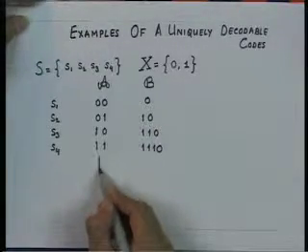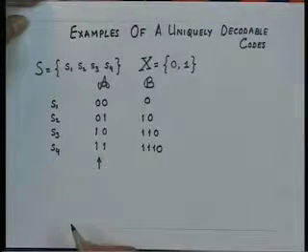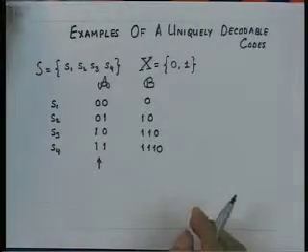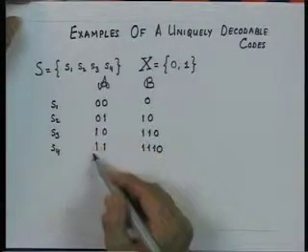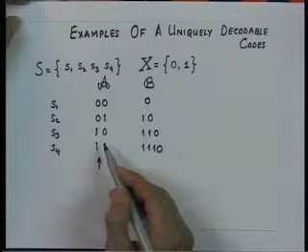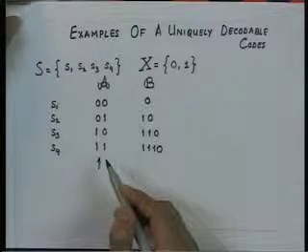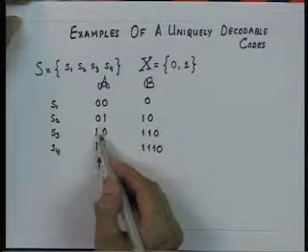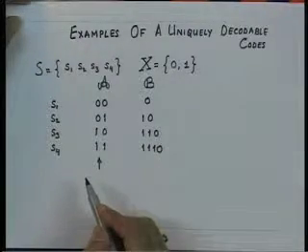If you look at the code A, the code words have some unique properties. First of all, the code words in this code are non-singular. Second, all the code words are of the same length.